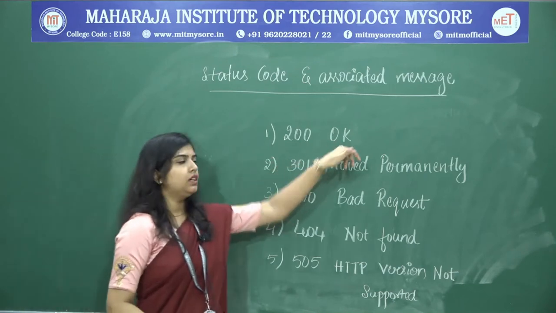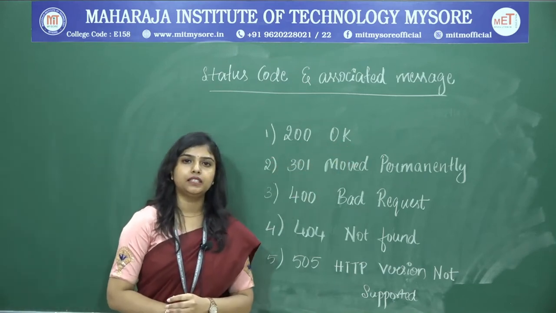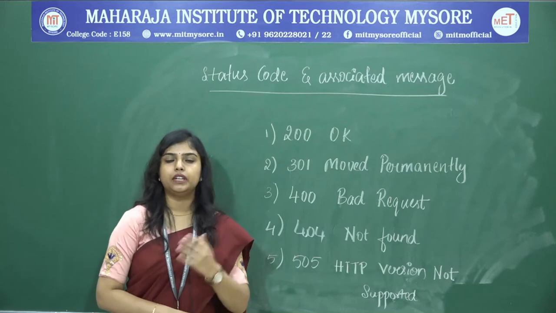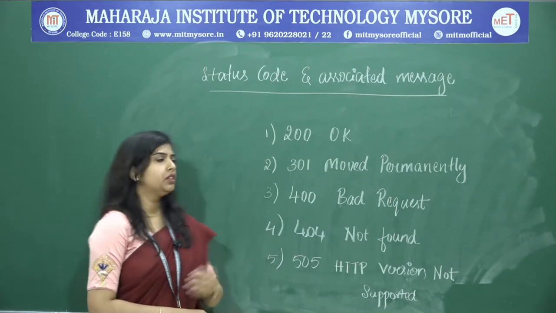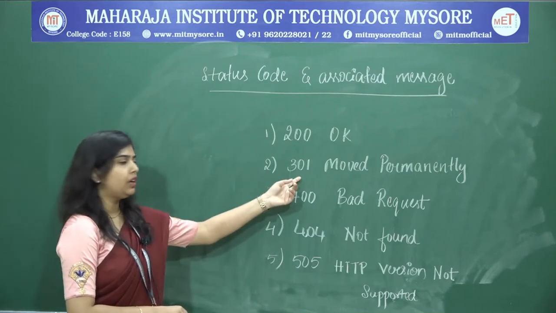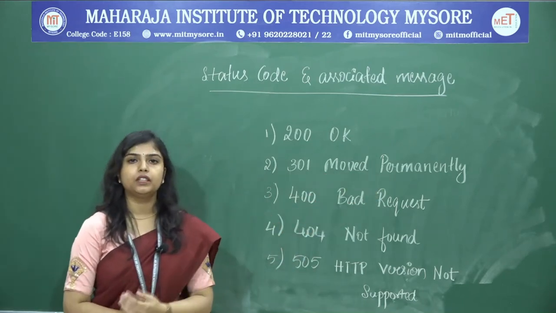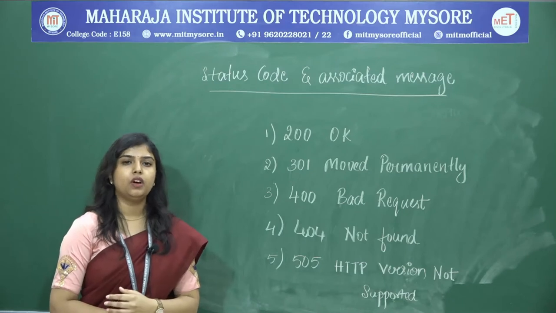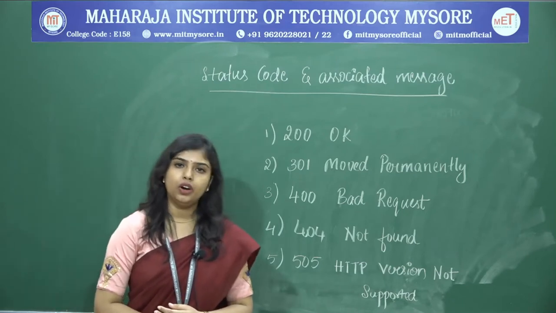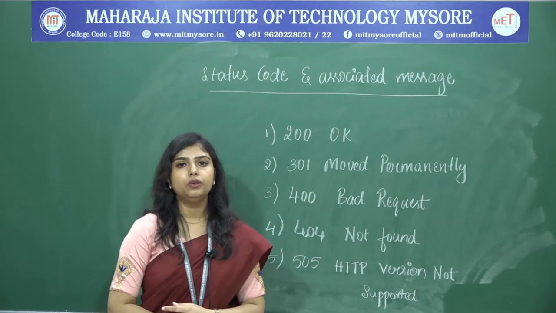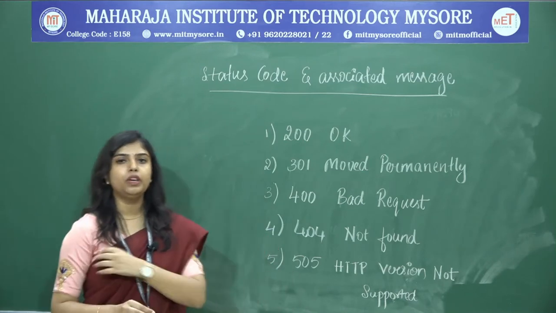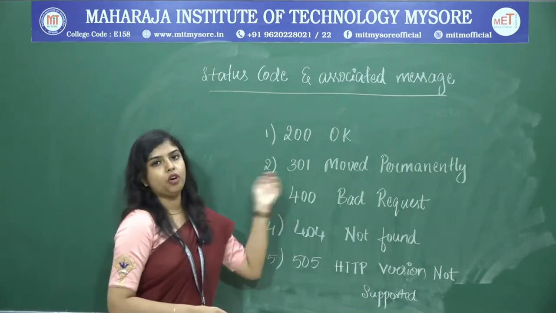OK means the request which the client has sent is successful, and as a response we are sending the information. Next is 301 moved permanently. The web page or the object the client is requesting is not found in the requested URL, it has been moved to the new URL. That URL will also be provided as the response.